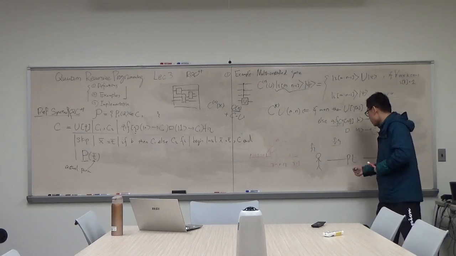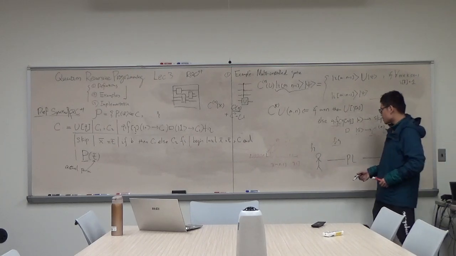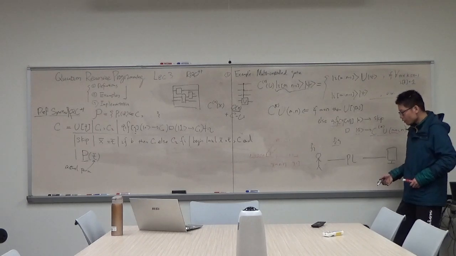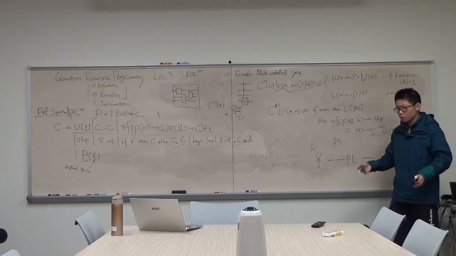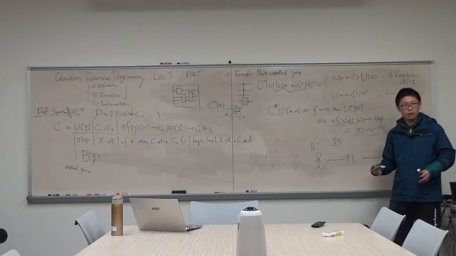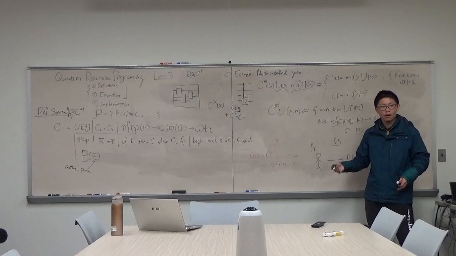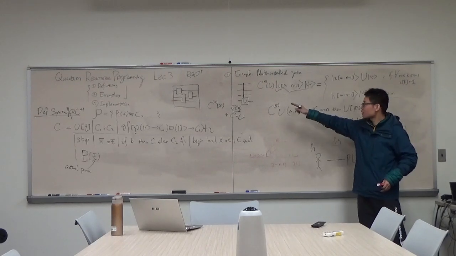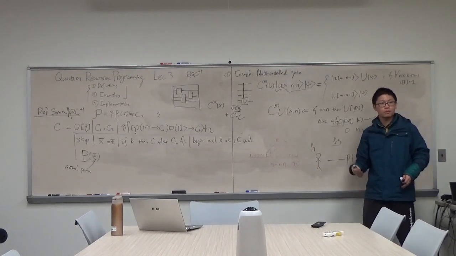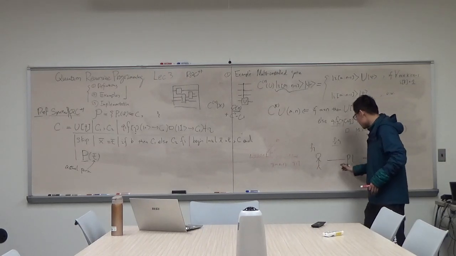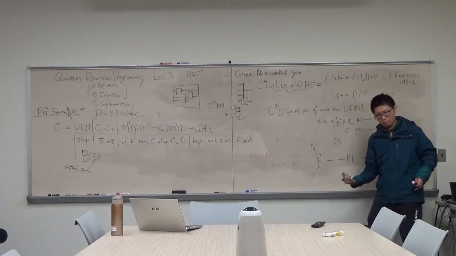Yeah, you're right. Currently many proposals for quantum compilation are about how you can compile such a unitary into elementary quantum gates. That means they are considering a more low-level programming language.